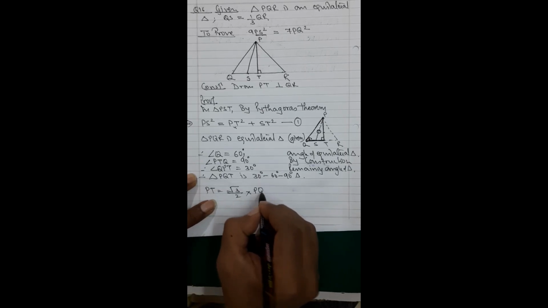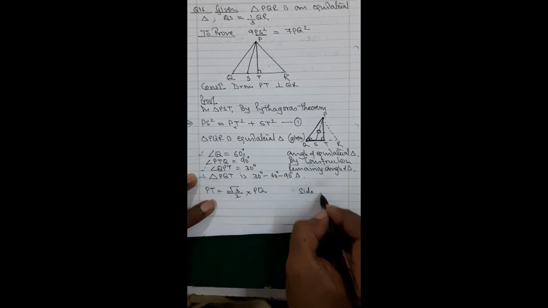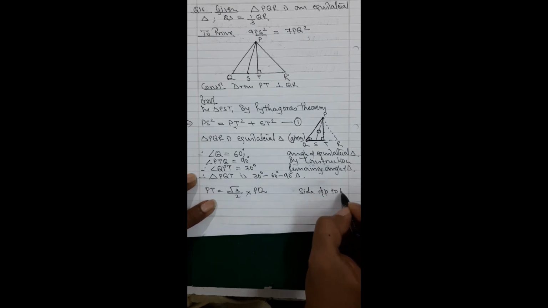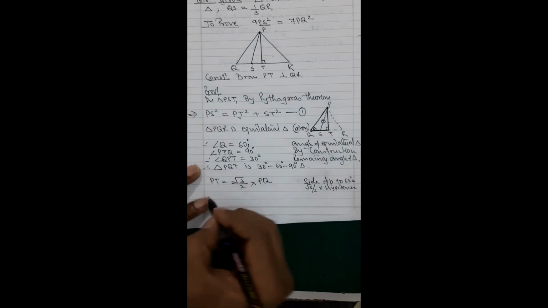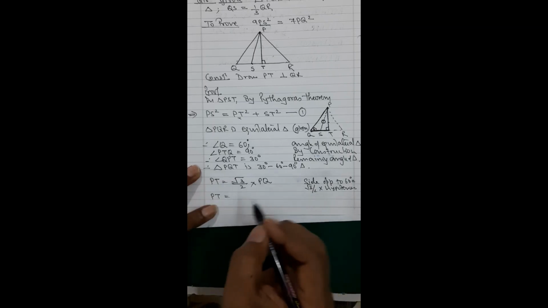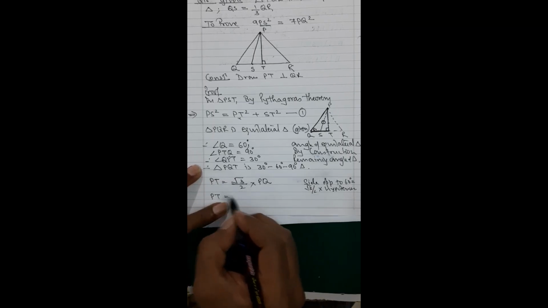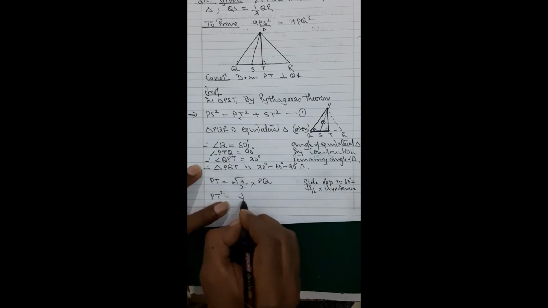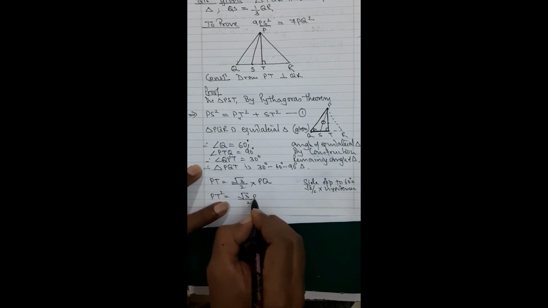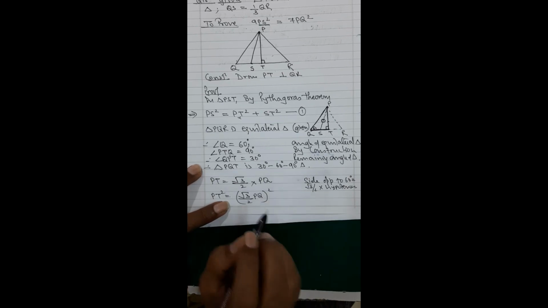So PT is equal to root 3 upon 2 times PQ, because the side opposite to 60 degrees is equal to root 3 upon 2 times hypotenuse. But you want PT square. PT square is equal to root 3 upon 2 PQ the whole square.